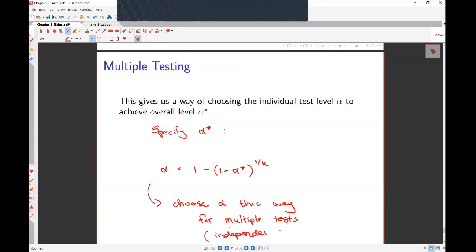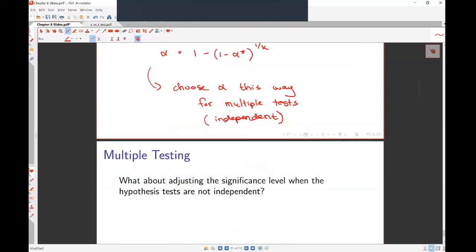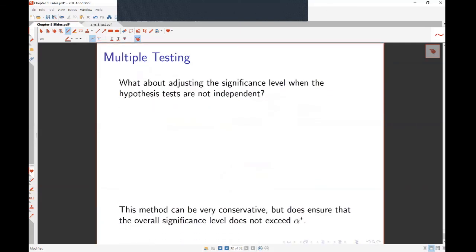The independence assumption here is a fairly important one. There is a way to make an adjustment if we do not have independence. So if you aren't sure that you have independence, then the best we can do is get an upper bound. What we know in this instance is that the probability of at least one type 1 error will be no greater than k times alpha.